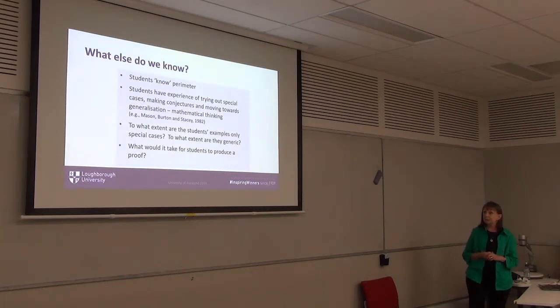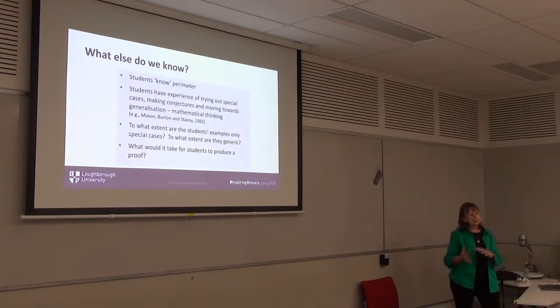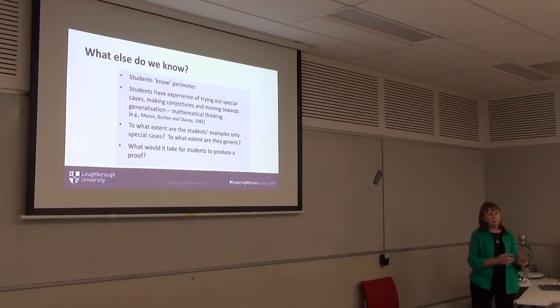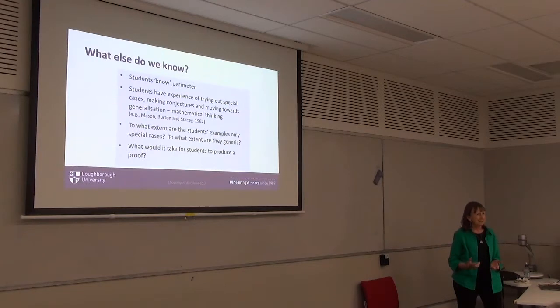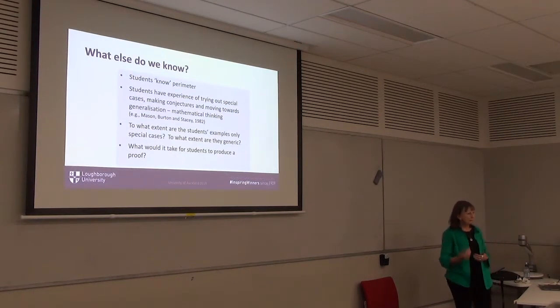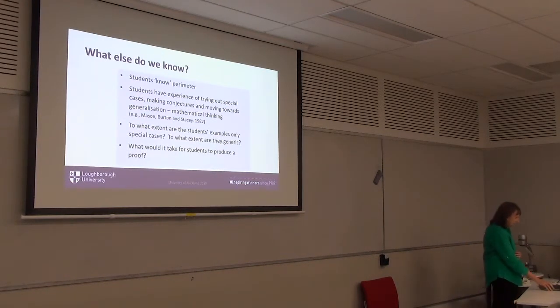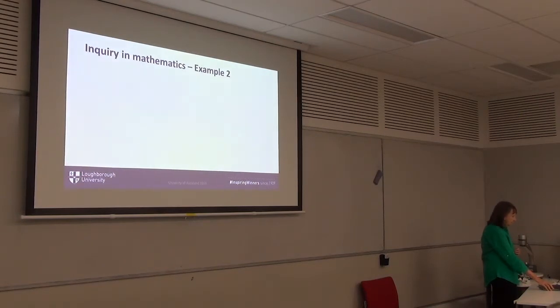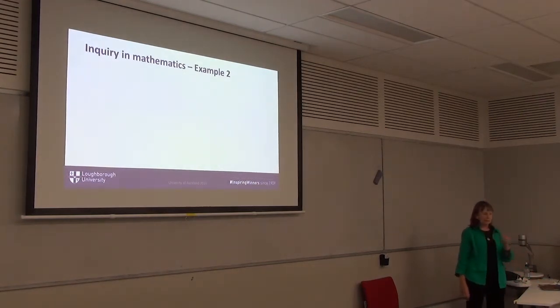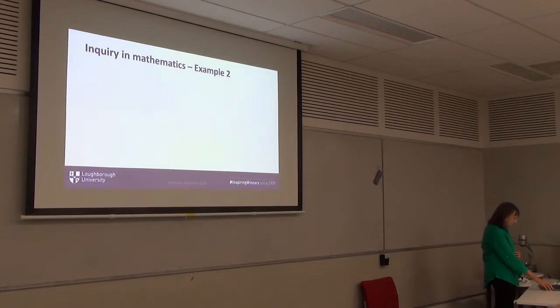And that leads us to what would it take for those students to produce a proof. So perhaps the stage that they're at is still quite a long way from proving something. But on the other hand, they weren't asked to prove something. They were asked, could they find a case with an odd perimeter. We'll be coming back to this a bit later, so let's go on to the second example.